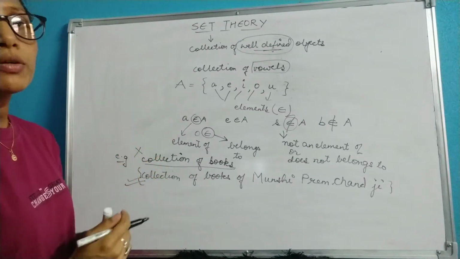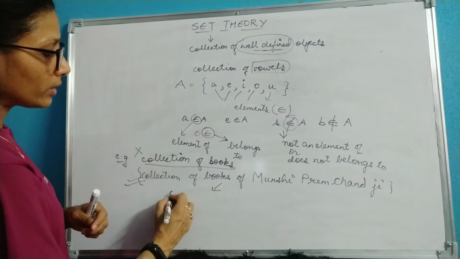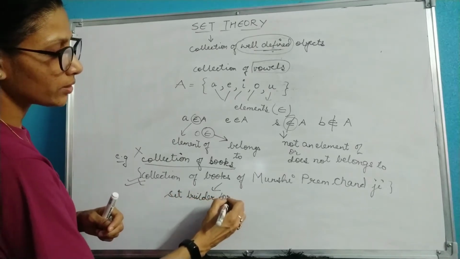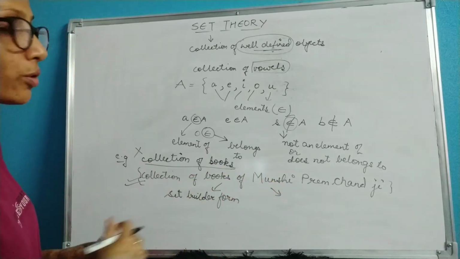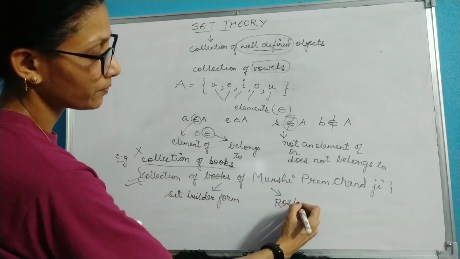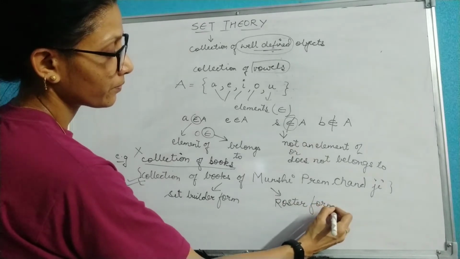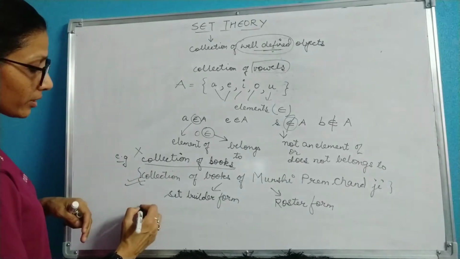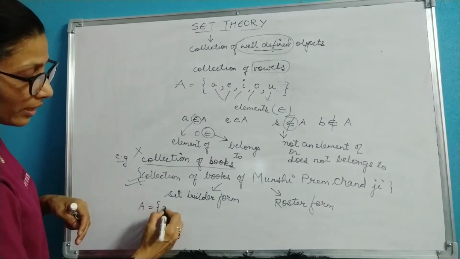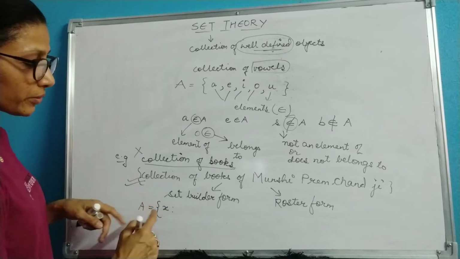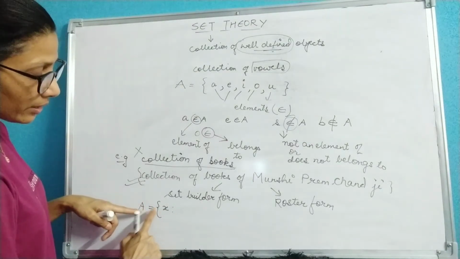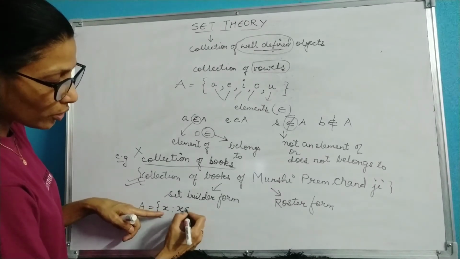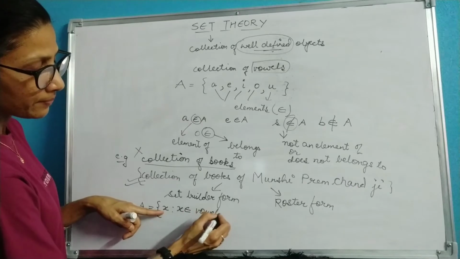Now sets can be represented in two ways. One is set builder form, and another is roster form. When the things are given in statement form as A equal to {x such that x belongs to vowels}, look how I am reading it: set A equals x such that x belongs to vowels.